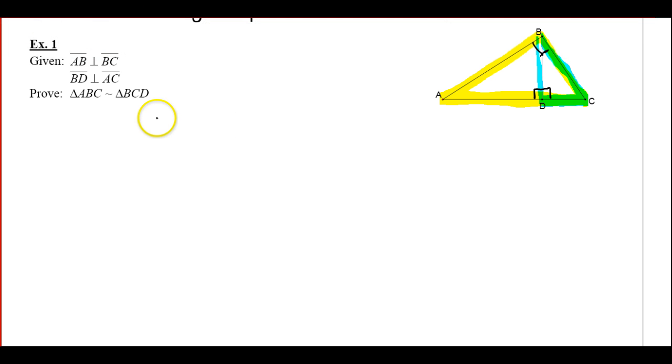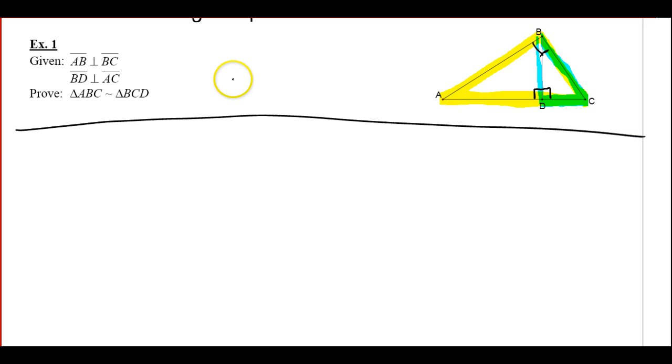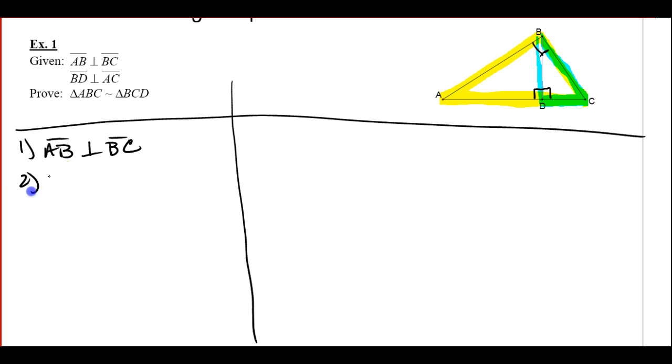So the first method that I usually look to when I'm trying to prove two triangles are similar is angles. All I need to do is get two pair of angles congruent. So I've got AB is perpendicular to BC, and I've got BD perpendicular to AC. So that's given and given.